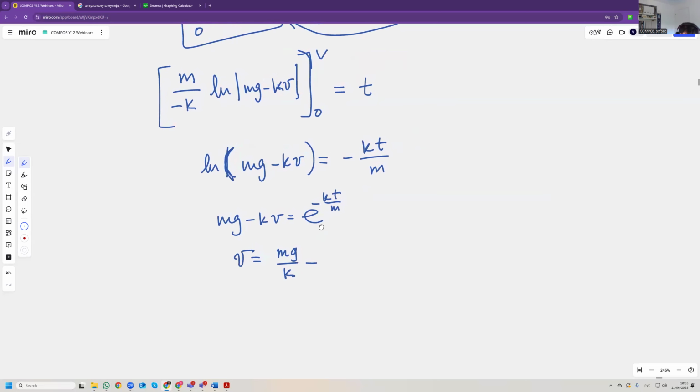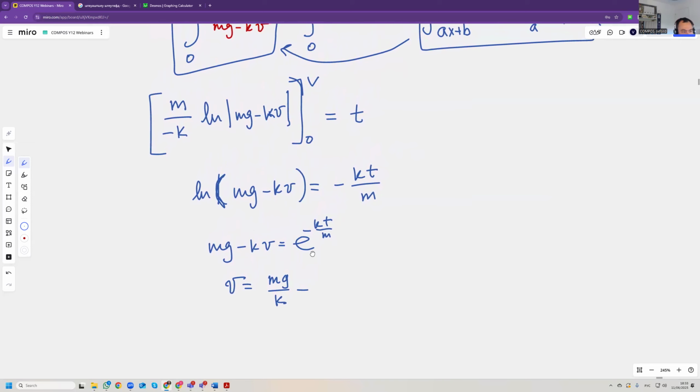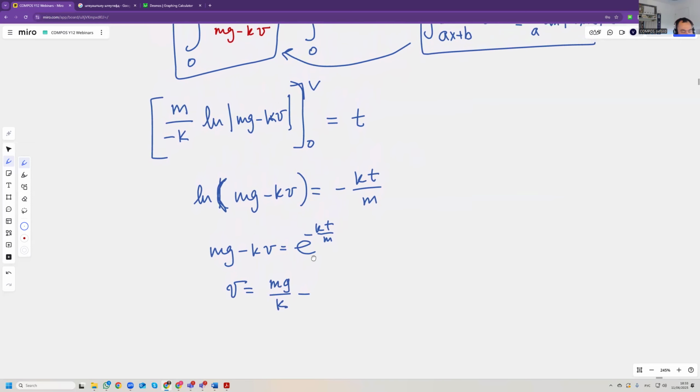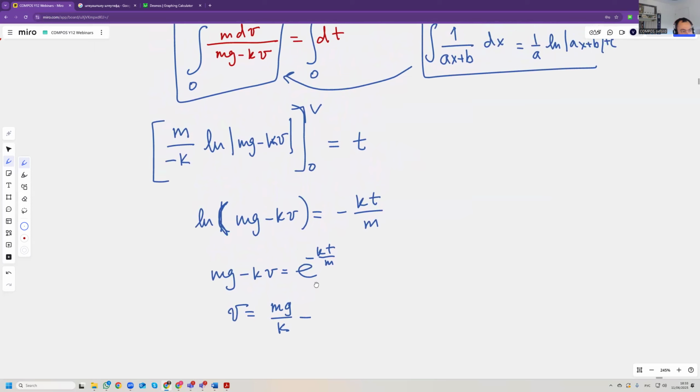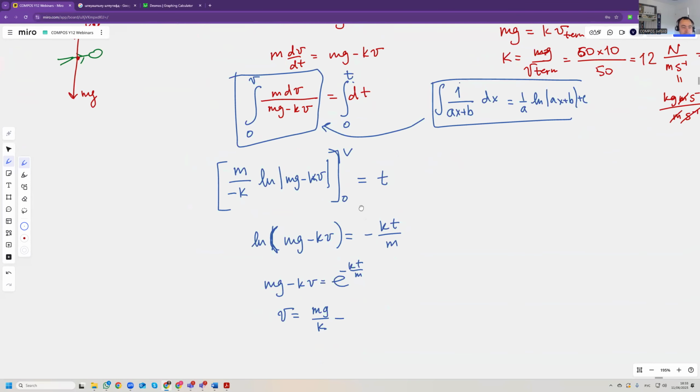Sorry, something's off. Why am I getting these values? Of course, yes.